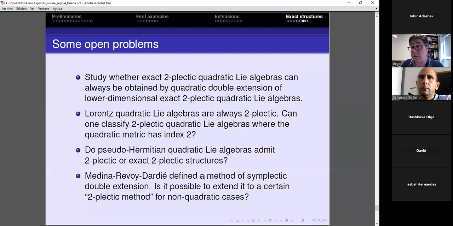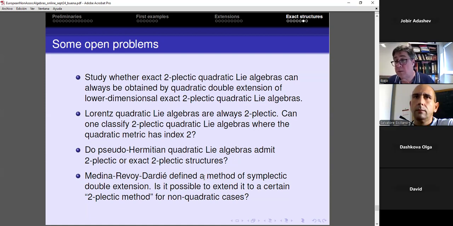And that was the reason, if you remember, when I mentioned our main theorem, that there we used just a double extension-like method, but we did not impose the condition of being quadratic, just being a sort of double extension in the sense that our big Lie algebra was the Lie algebra obtained by a central derivation and then a semi-direct product.